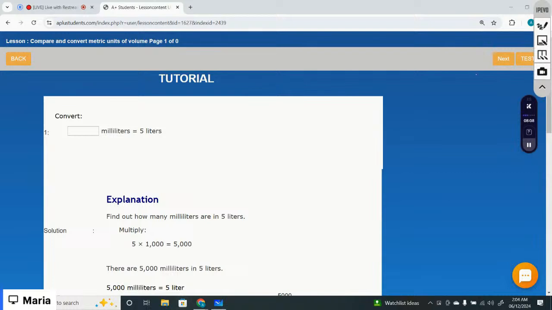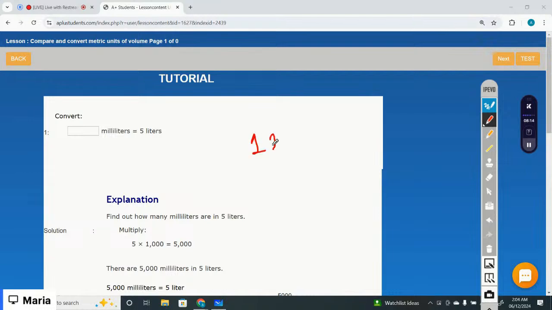That is 1 liter equal 1000 milliliters, right? Then 5 liters equal 5000 milliliters. You can note down 1 liter equal 1000. So then 5 liters equal 5000 milliliters. Got it?